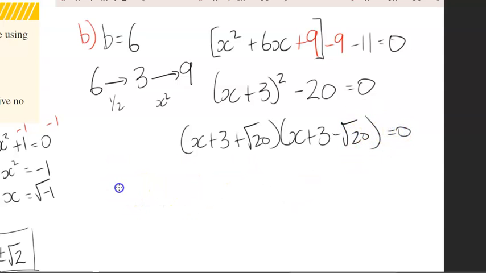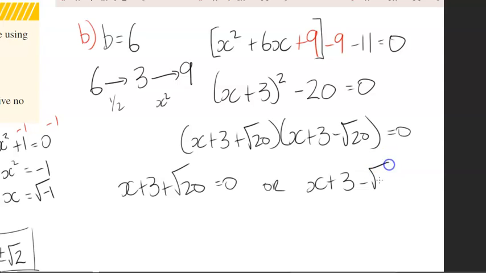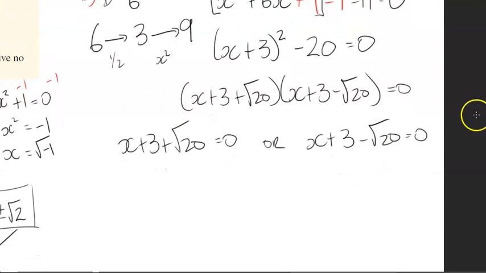So this implies that either x plus 3 plus root 20 is equal to 0, or x plus 3 minus root 20 is equal to 0. Now I've been a bit lazy here. I've skipped, not necessarily skipped a step. I prefer to put the step prior to writing this out, but both of these can be written as x plus 3.